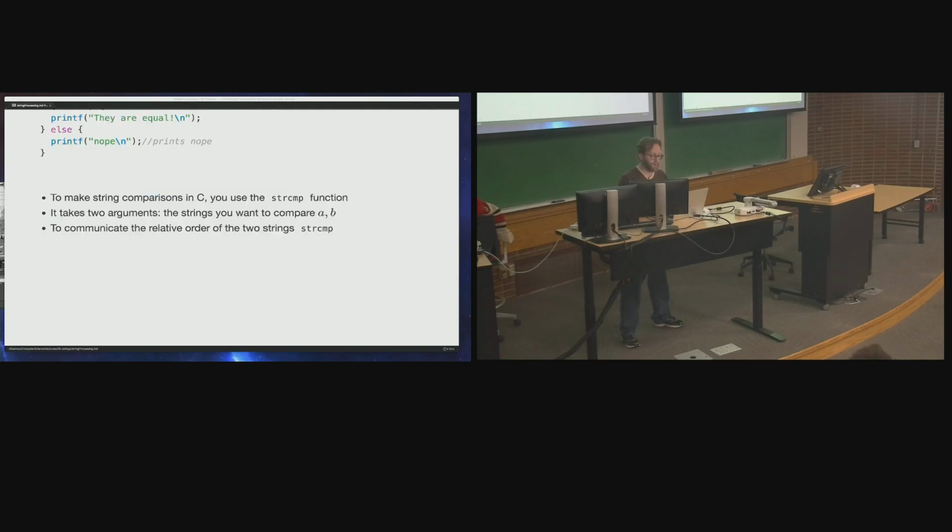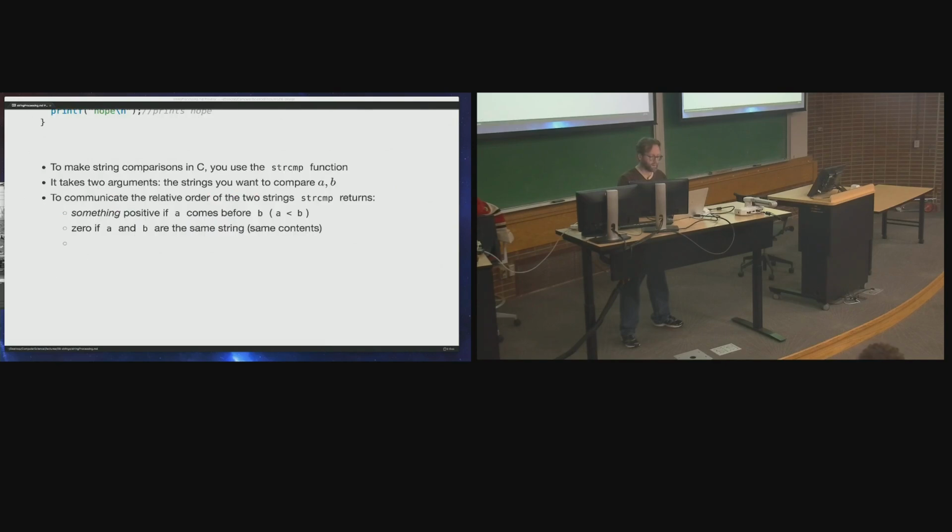strcmp returns one of three things. It returns an integer, actually, but it returns something negative if A comes before B. In other words, conceptually, A is less than B, or strictly less. It returns 0 if A and B are the same string, same contents.